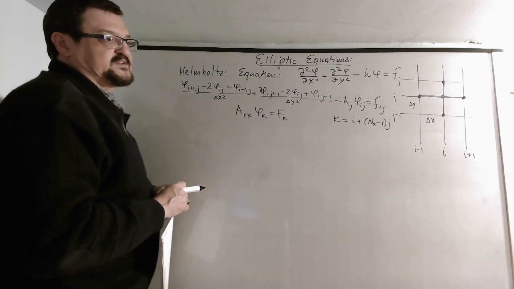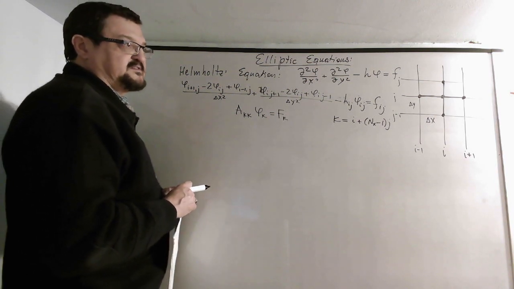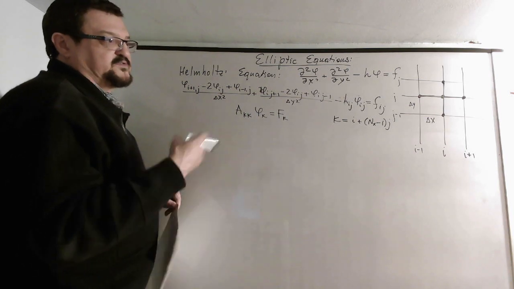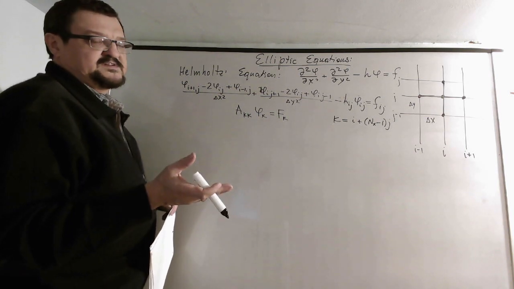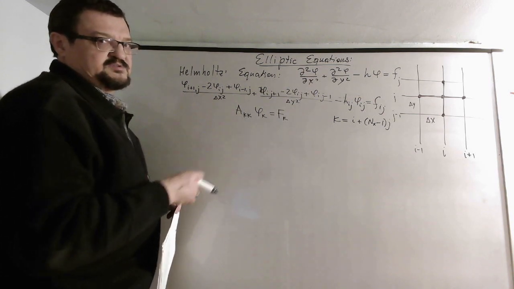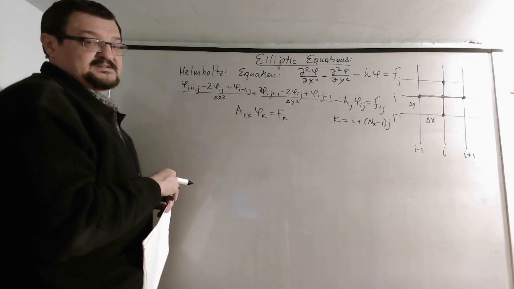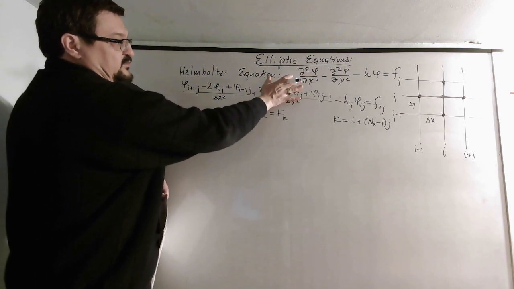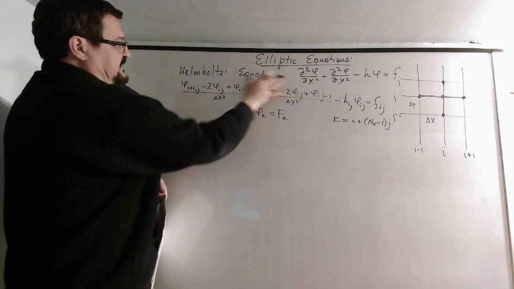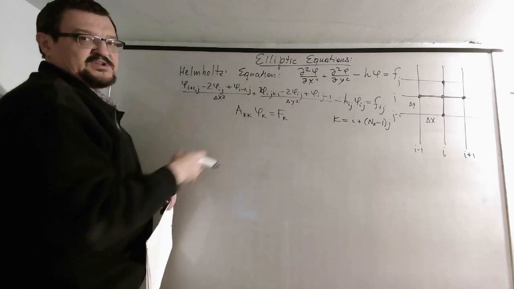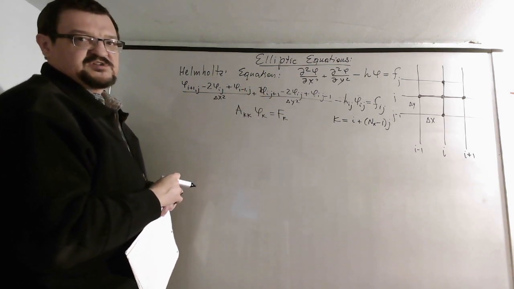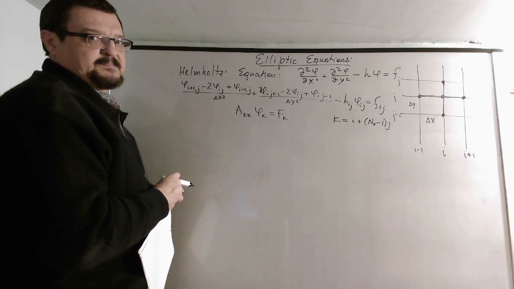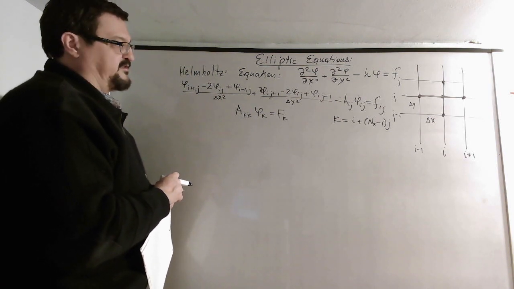Of course, it's mostly zeros, but still, unlike the tridiagonal matrix solver, we cannot use a simple algorithm in two dimensions. But we can actually solve it in one dimension easily. In one dimension, if you don't have this derivative, you can use a tridiagonal matrix solver to solve the Helmholtz equation, using the Thomas algorithm.